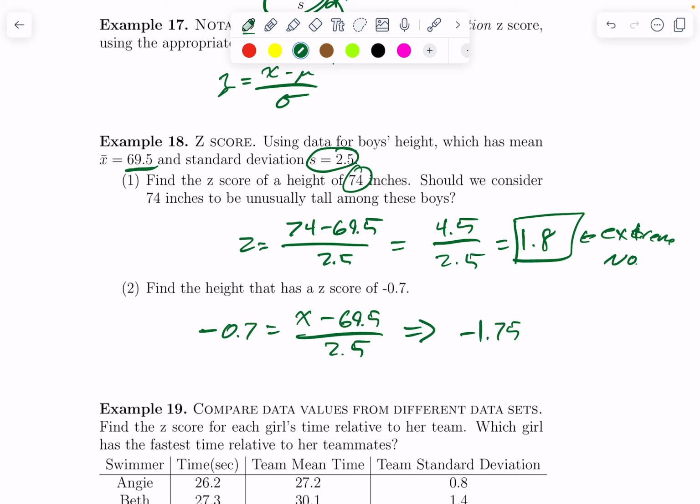If I add 69.5 to both sides, I get x equals 67.75 inches.